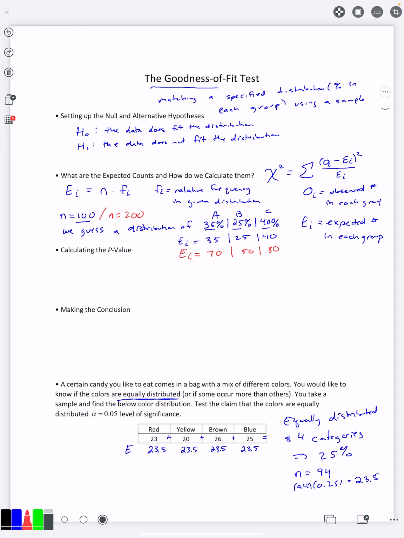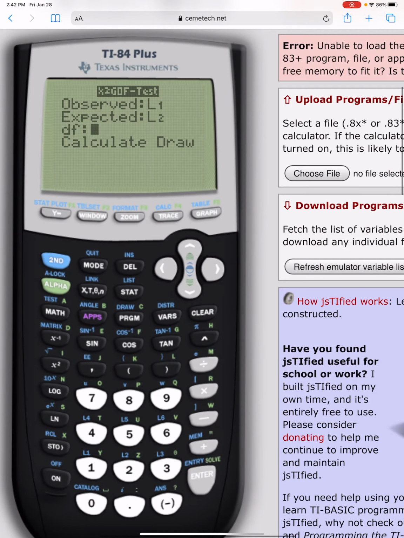And for the chi-square goodness of fit test, your degrees of freedom is the number of categories minus 1. So it's not going to be the sample size minus 1, it's the number of categories minus 1. So since I have 1, 2, 3, 4 categories, my degrees of freedom is going to be 3. I'll go ahead and hit 3 there.